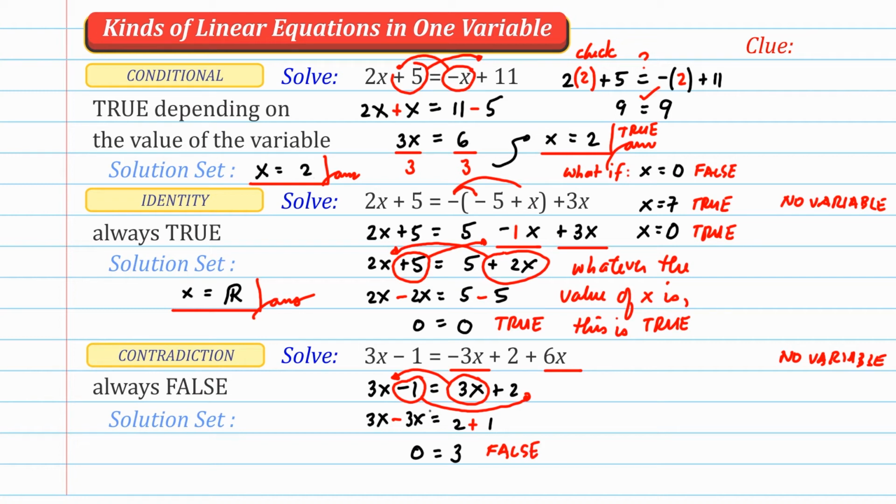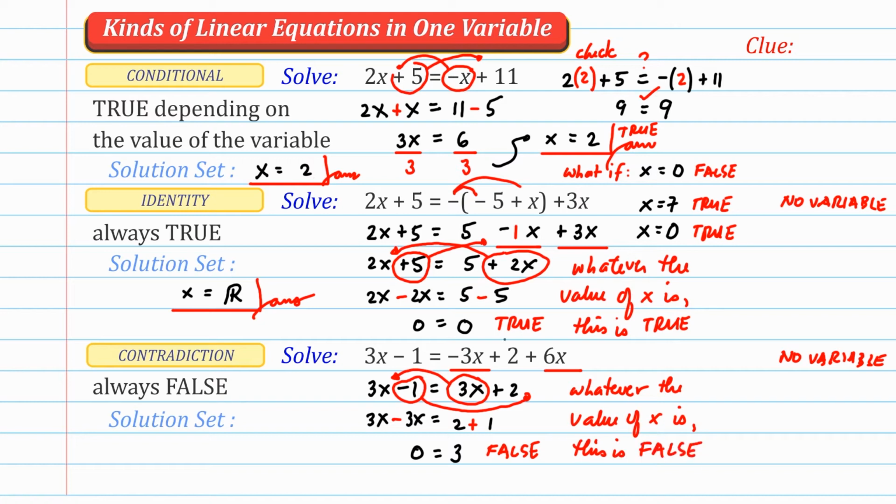Ito false. That means whatever the value of x is, kasi makakancel din naman, this will always be false. Ilalagay ko dito ha, para malinaw, whatever the value of x is, this is false.